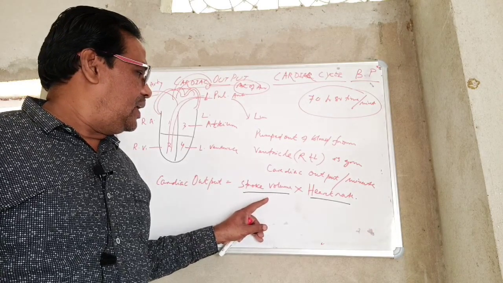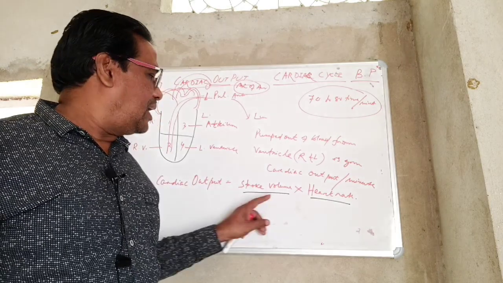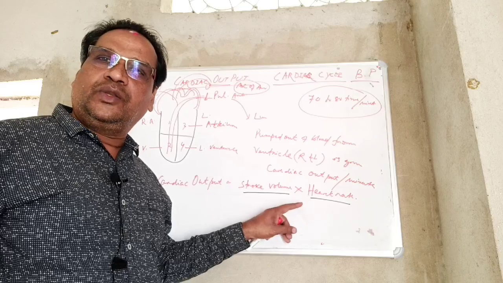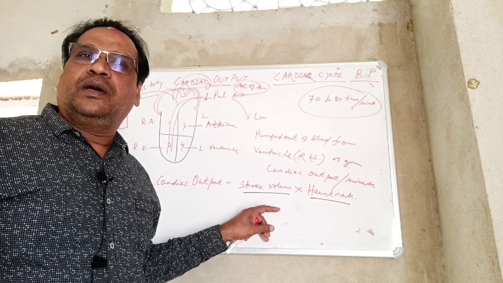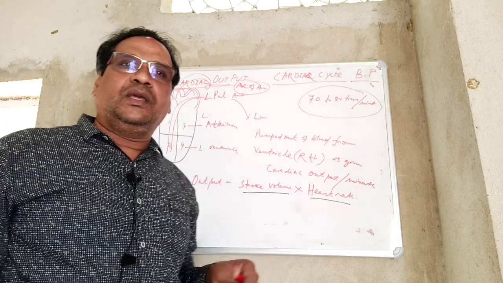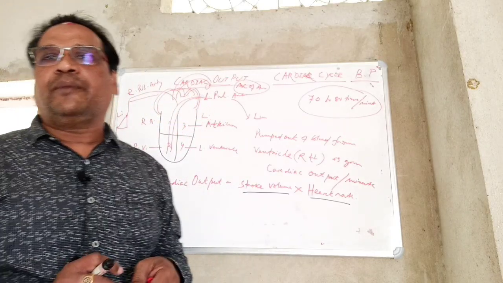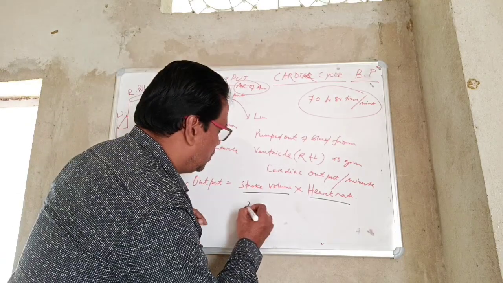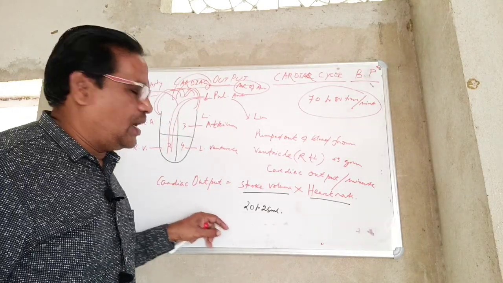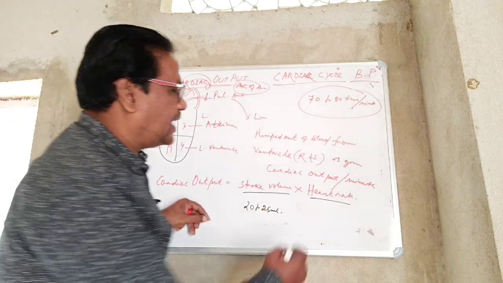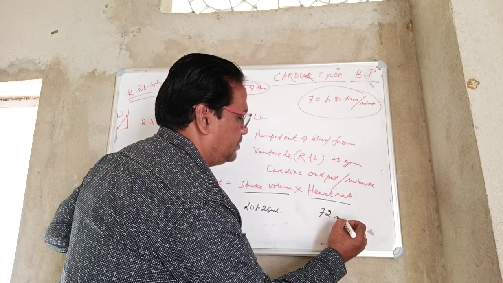That is multiplied by the heart rate. Already told you, the stroke volume for a normal person is 20 to 25 ml per beat. And the heart rate, suppose for a normal person, is 72 per minute.